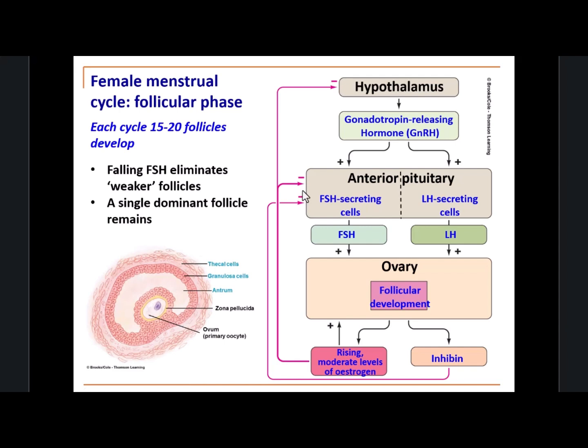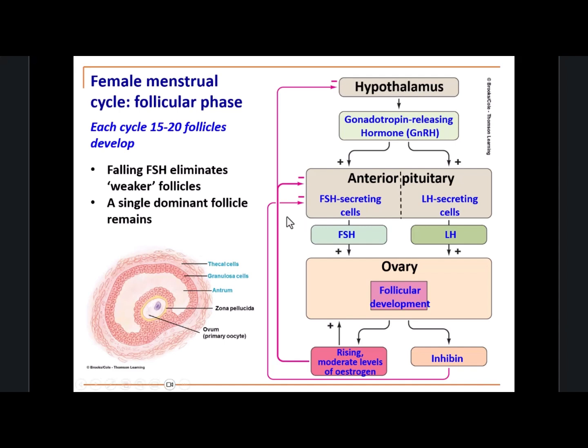The reason only one follicle survives is that it has the most FSH receptors, so it can keep growing even when FSH levels are low. This becomes the dominant follicle, and all the other follicles just die. They don't have enough FSH receptors, and they haven't had enough opportunity to grow.